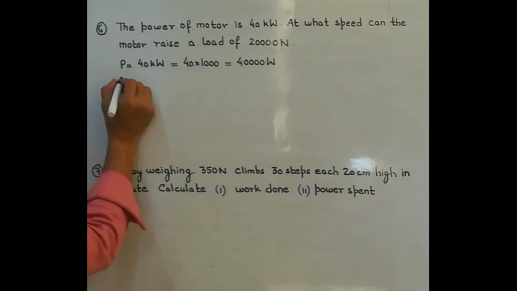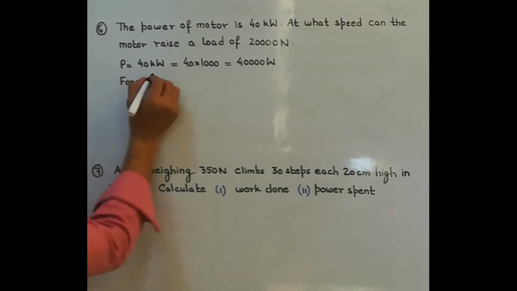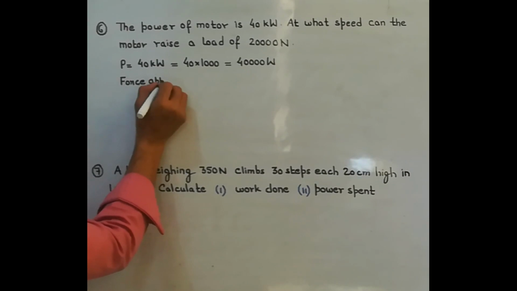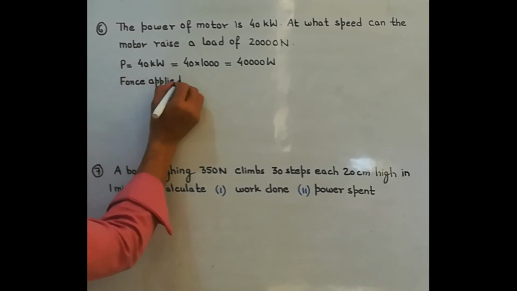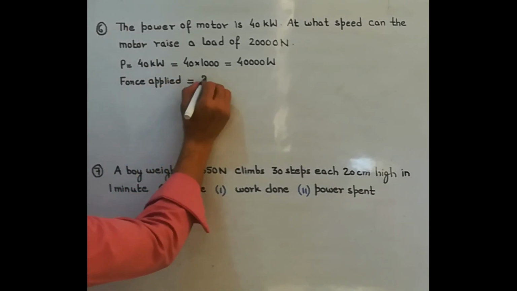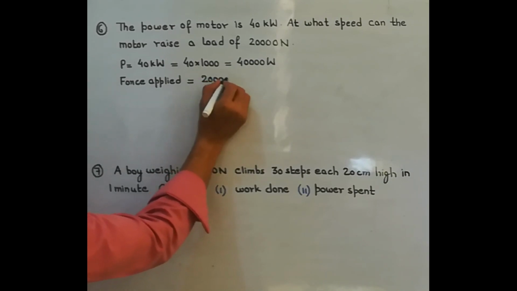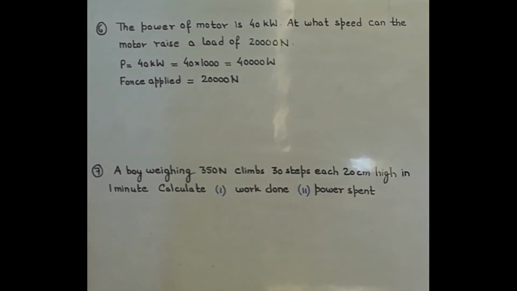So the force applied is equal to 20,000 Newton. Hope this is clear to you. The load which you will be lifting, the weight of that load will be representing the force applied by you. So the force applied over here is this.